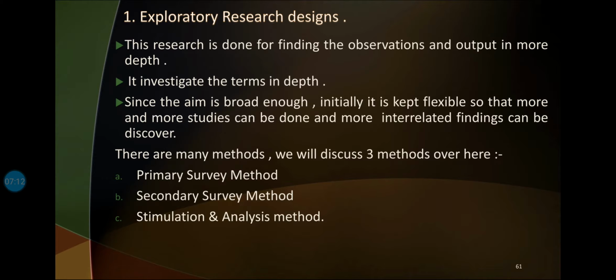Primary survey is basically related to the collection of the data by oneself, performing directly or conducting the experiment on the set of samples. Secondary survey is related to gathering the information from the work which is already done by others. And third is stimulation and analysis.